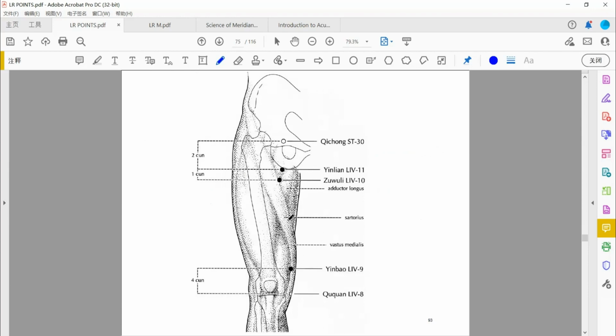That's the sartorius, vastus medialis. So we find Ququan around here, and it goes up 4 cun. That will be Liver 9, between the vastus medialis and the sartorius.